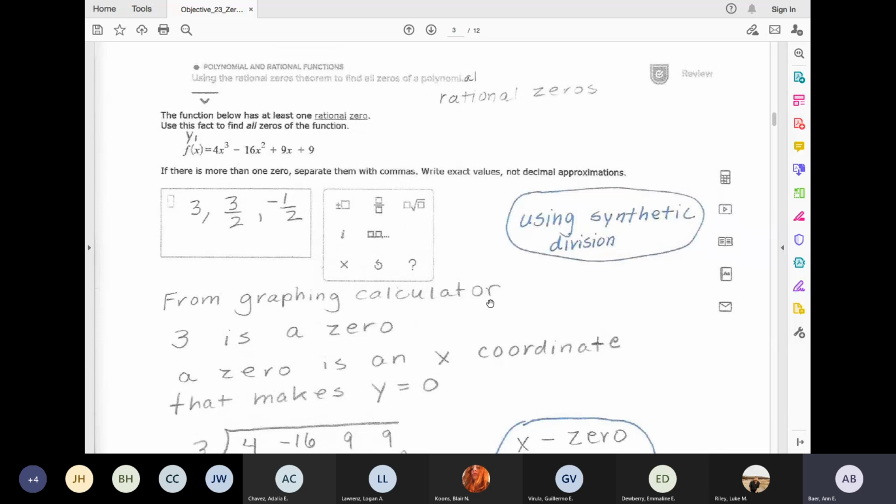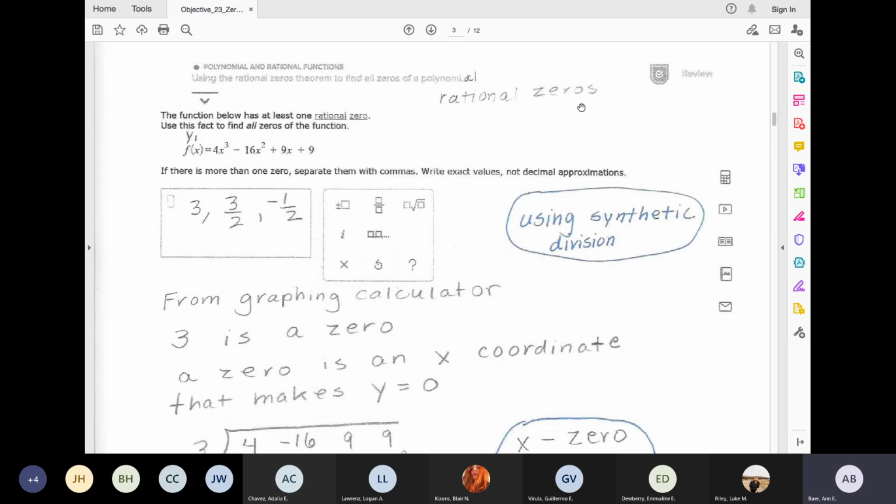So we're now going to start using the graphing calculator, and we are going to use it in more than one way today to find actual zeros. Using the rational zeros theorem to find all zeros of a polynomial, rational zeros. So rational zeros are just an integer fraction where you've got a nice number upstairs and a nice number downstairs.